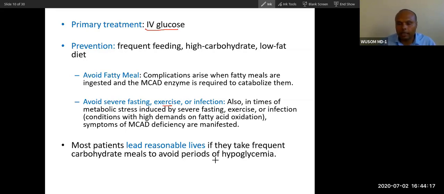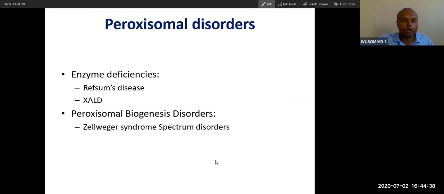If they know they cannot metabolize fat, they don't take fat. They only take essential fatty acids from fat, and the rest of the diet includes carbohydrate. Then they can survive easily. So the prognosis is not that bad. It is good. The patient can lead a normal life.